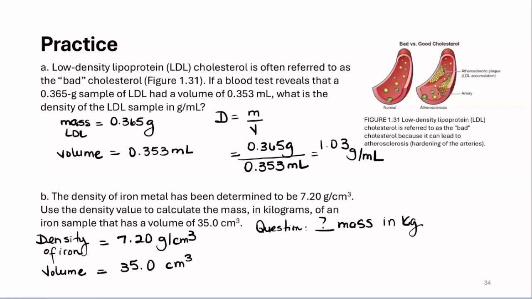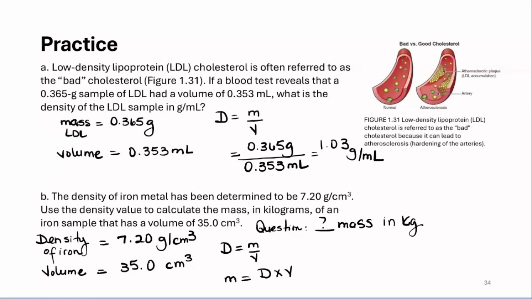So this is where we're going to utilize some algebra in order to use the density equation and separate only the mass term in it. So if we know that density equals mass over volume, we can separate the mass term by multiplying both sides by volume. What that means is that if I rearrange the density equation to isolate the mass term by itself, that means that mass is going to equal density times the volume.